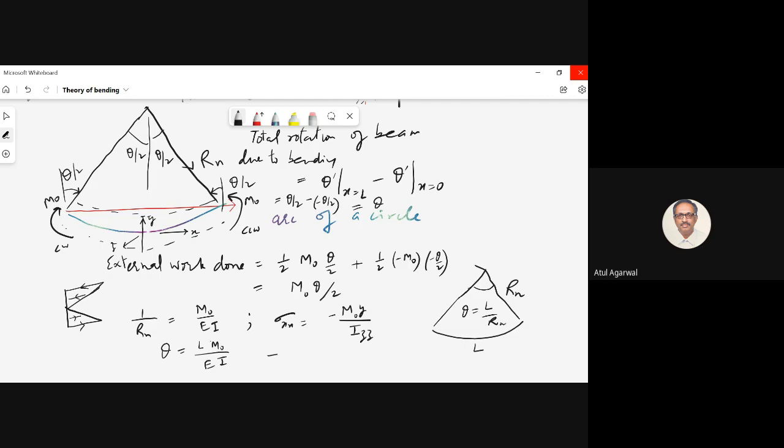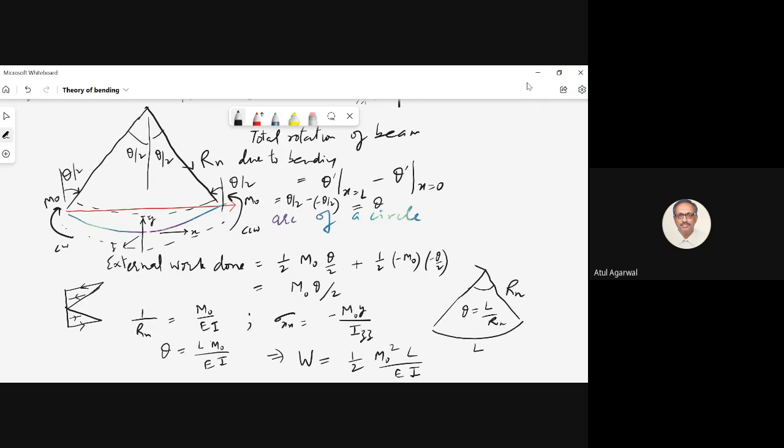So this implies the external work done, you call it W, is equal to half M naught theta. Is it clear to everybody? So this is the work done in bending the beam.